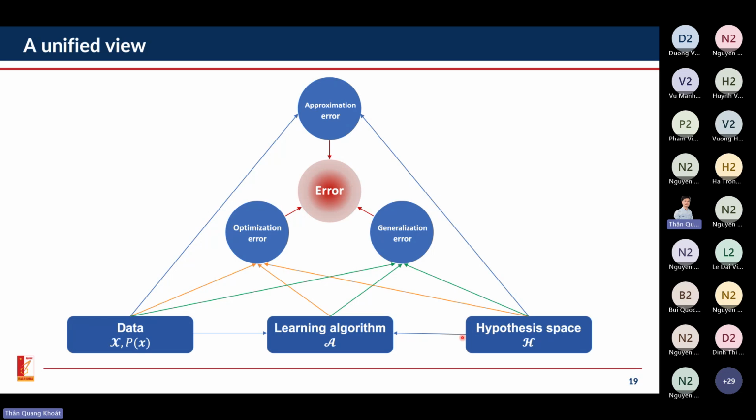When we choose a very small, simple model, then the optimization error can be small. But when we choose a very complex model, a very complex architecture, then the optimization error can be high for bad learning, right? You see that?